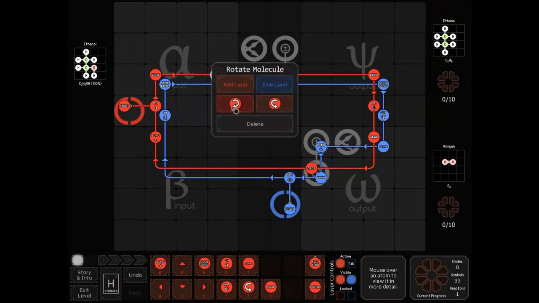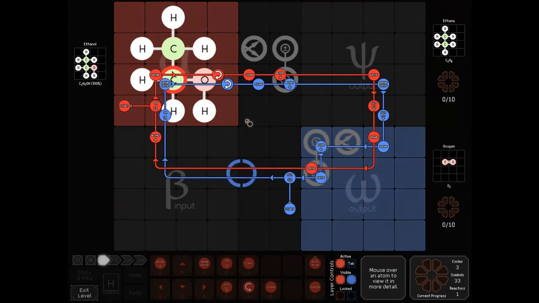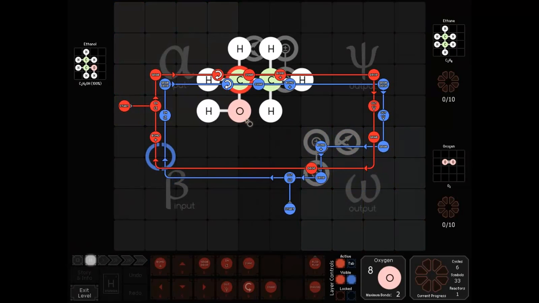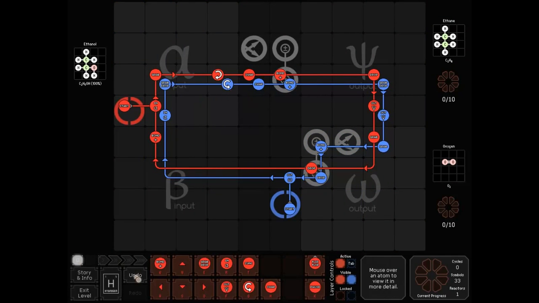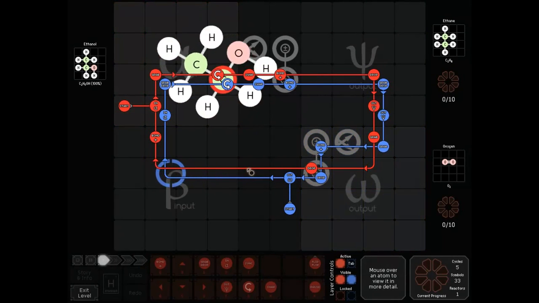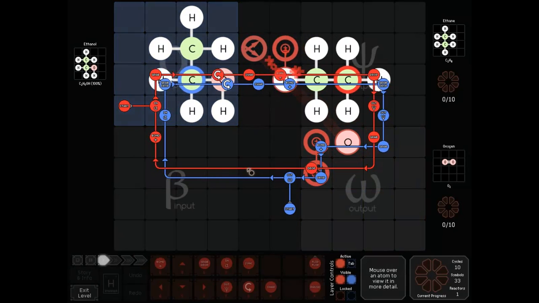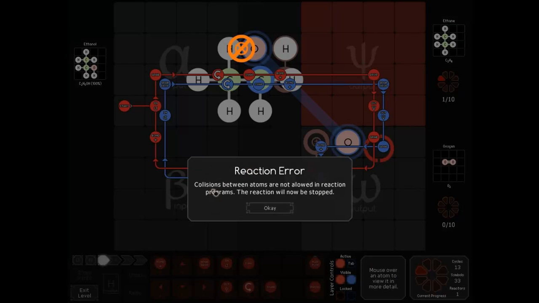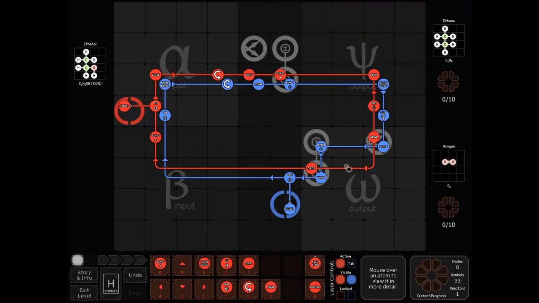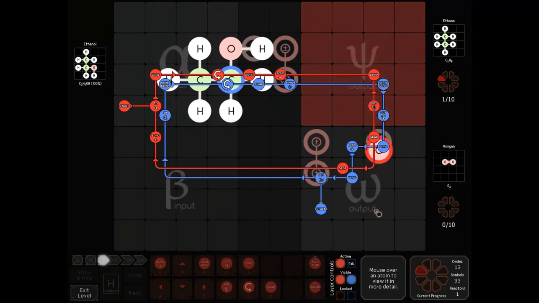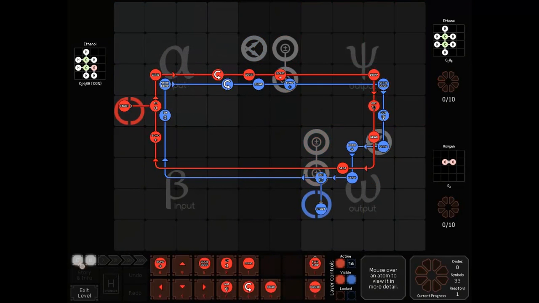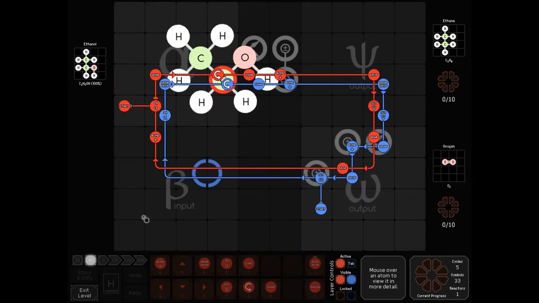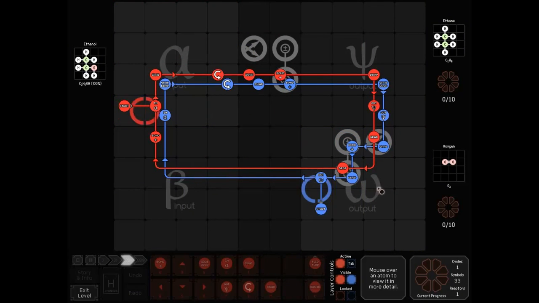What if I spin it the other way? Well, that won't work, because I'm moving away from my hydrogen. Whoops. Nope, nope, move the bond over.